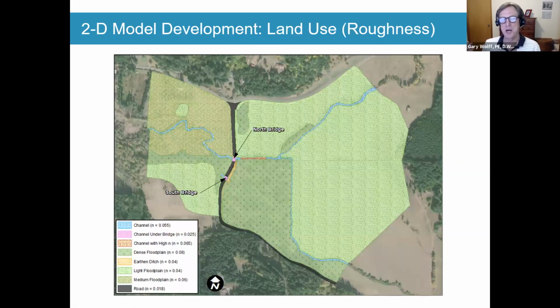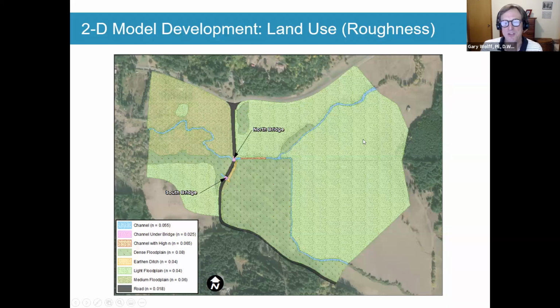So you've got your geometry described by the mesh and the terrain. The other big important hydraulic parameter is the hydraulic roughness. You're probably familiar with Manning's N values for a one-dimensional model. We actually use those for two-dimensional modeling as well. They have a slightly different theoretical meaning, but essentially they represent the same thing, hydraulic roughness.